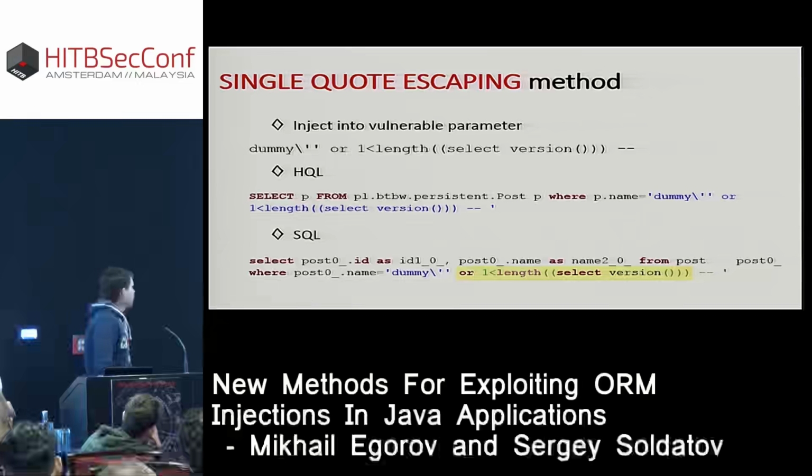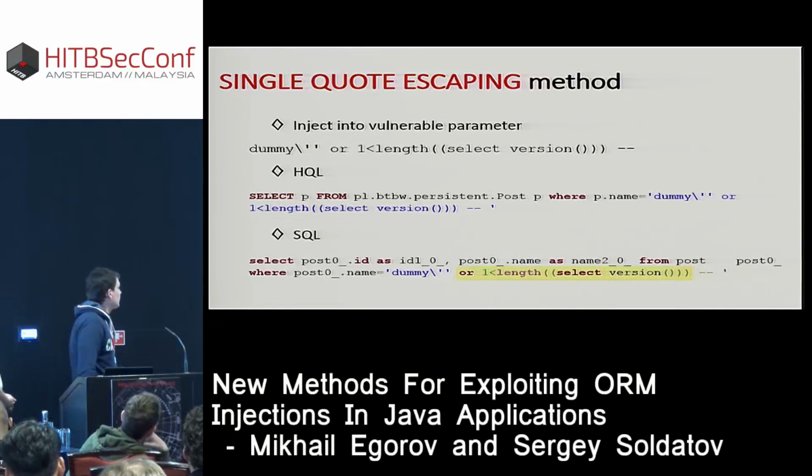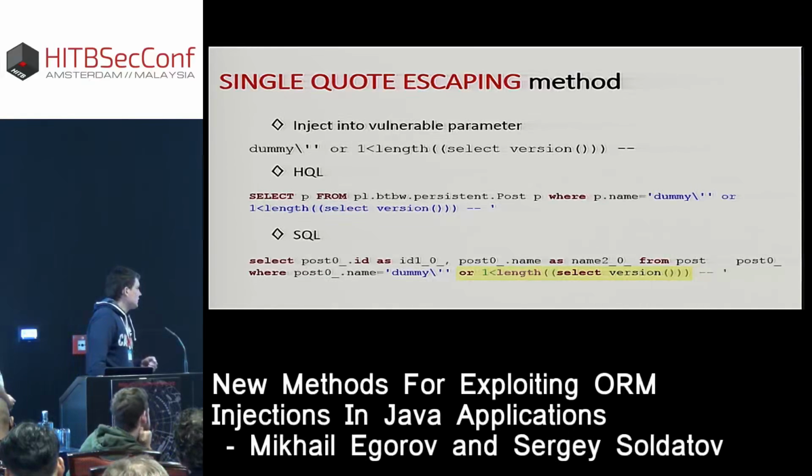If we inject the following expression into the vulnerable parameter, we will get the following HQL query, which is processed by Hibernate. And Hibernate processes the injected expression as a string.